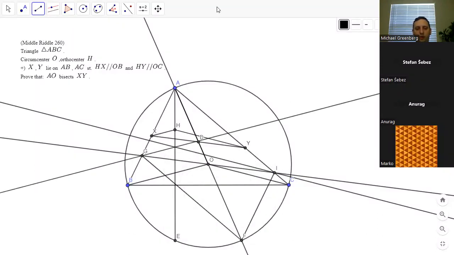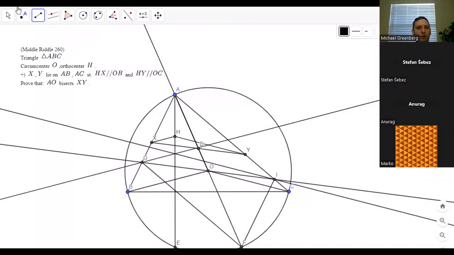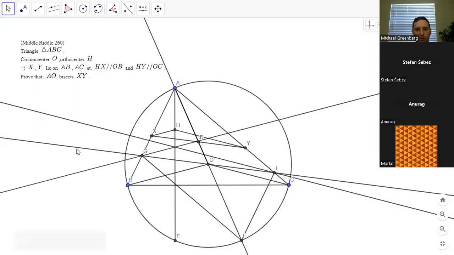Okay. Send H to E. We could try that, but let me first see if this idea works, because I like this idea. So we want to show that the parallels at G and I meet on the altitude.